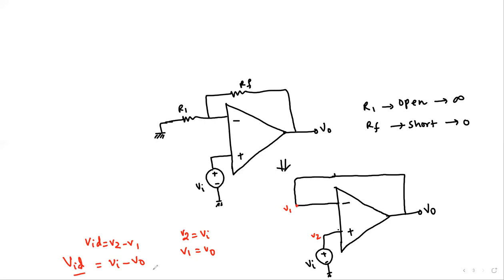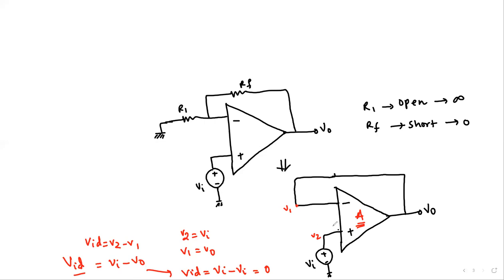And we'll see that V1, due to virtual ground, is equal to VI actually. So we put this value in VID, which is VI minus VI, and that comes out to be 0. And this is possible because of the infinite gain of the operational amplifier.